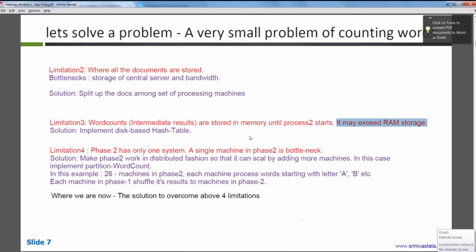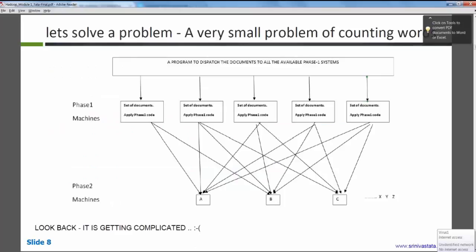For this problem, we are not storing the intermediate results anywhere. Explain your question once again. The results generated by machines from phase 1 are called the intermediate results, right? Yes. So we are not going to store the intermediate results anywhere. We are not going to store to permanent disk. I see, I see.